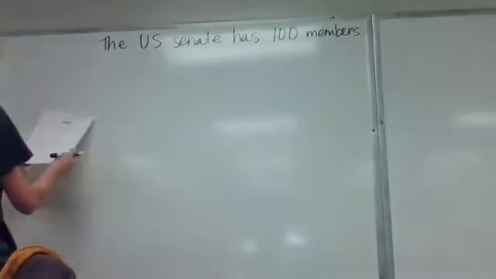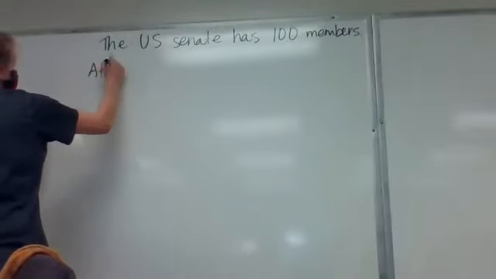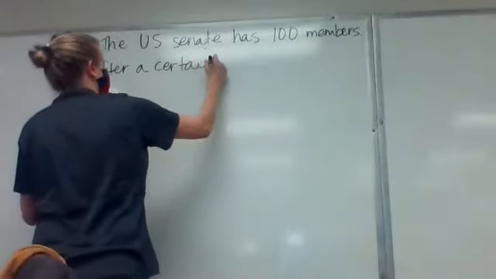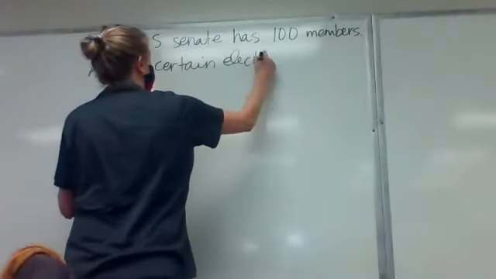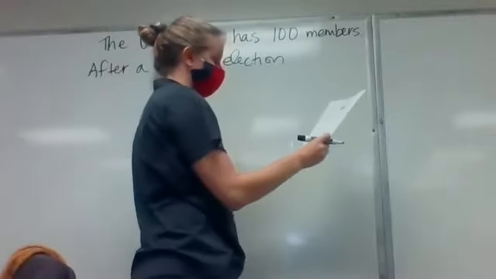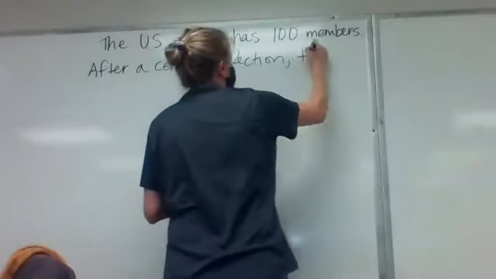After a certain election, there were 18 more Democrats than Republicans.